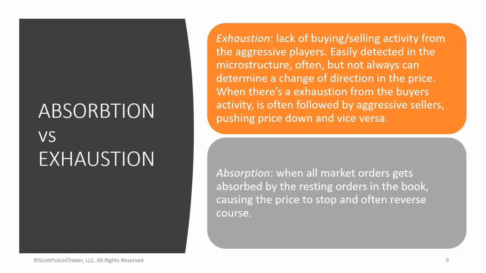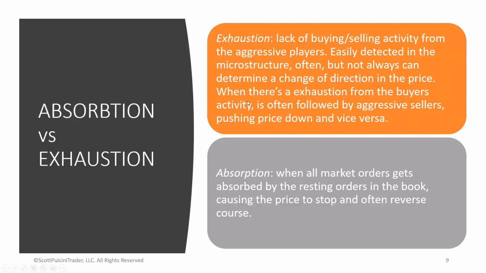So let's take a look at the two most important, in my opinion, order flow patterns: the absorptions and exhaustion. So the exhaustion is a lack of buying or selling activity from the aggressive players, the market buy, market sell players. You can easily detect the exhaustions in the microstructure, but it doesn't always determine a change in direction in the price.